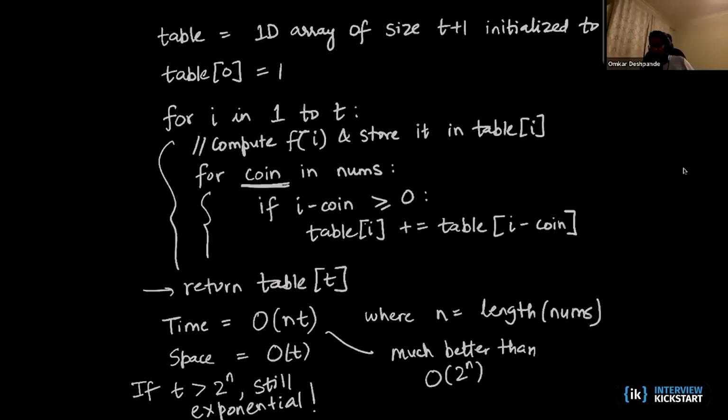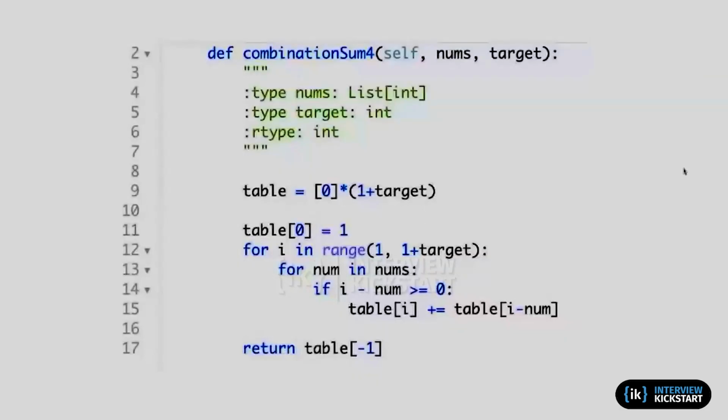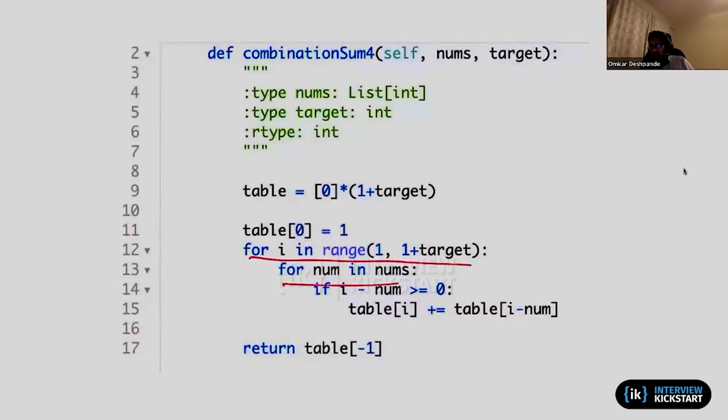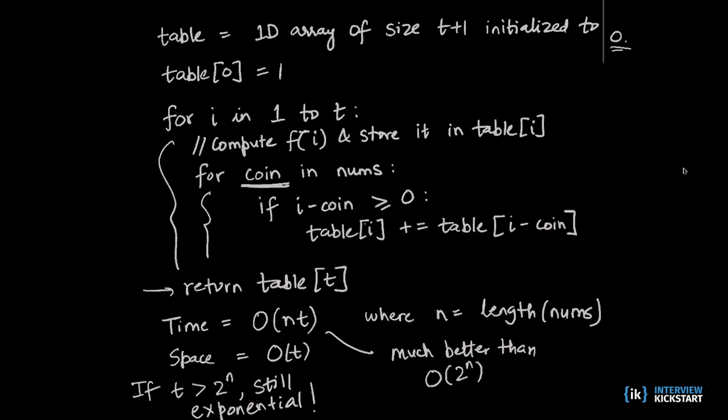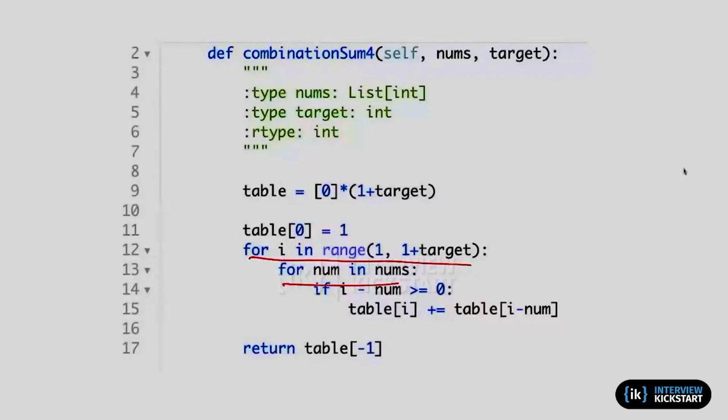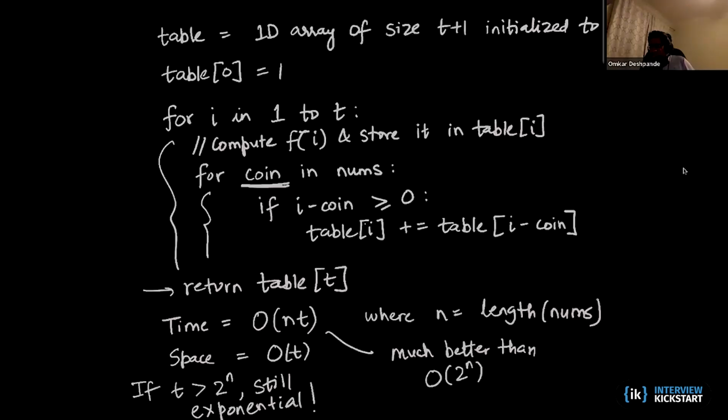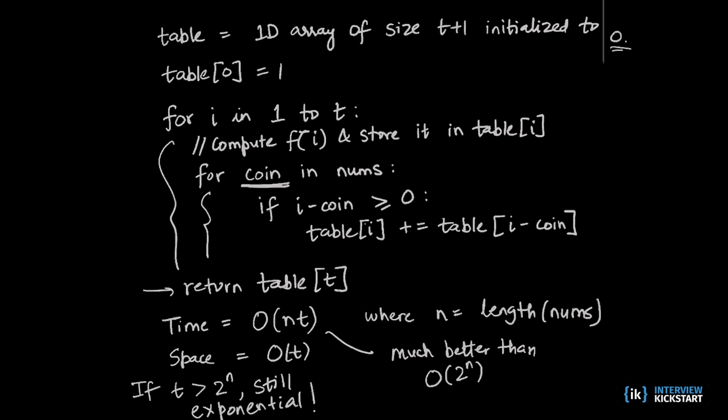So you're basically saying what Kyle just asked. Yes, I tested this code, and it ran. If you look here, the structure is basically the same as the pseudocode I wrote, for coin in nums, and it ran for me. So you're saying if you change the order, it would still run?